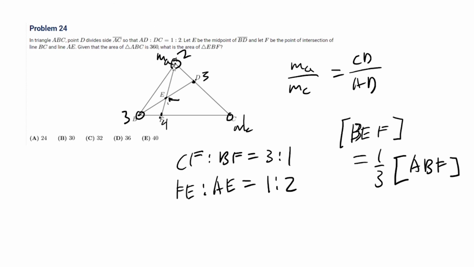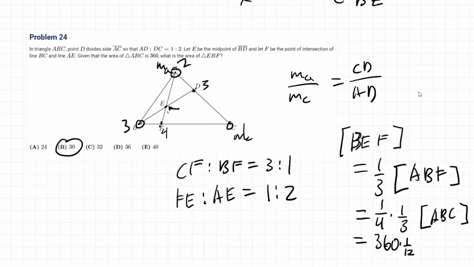And now the ratio between the area of this triangle and the entire triangle is, well, CF to BF is 3 to 1, so BF is 1/4 of BC. So BEF is equal to 1/4 times 1/3 times the area of triangle ABC. And so the area of triangle BEF is 360 times 1/12, and so that gives us 30.